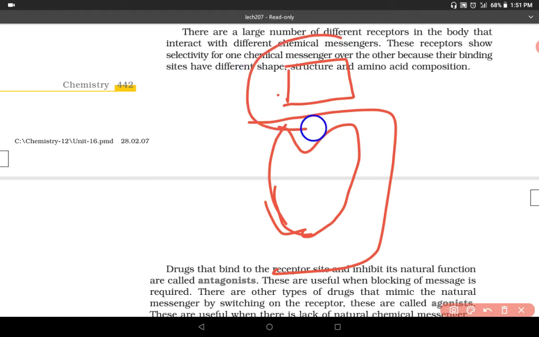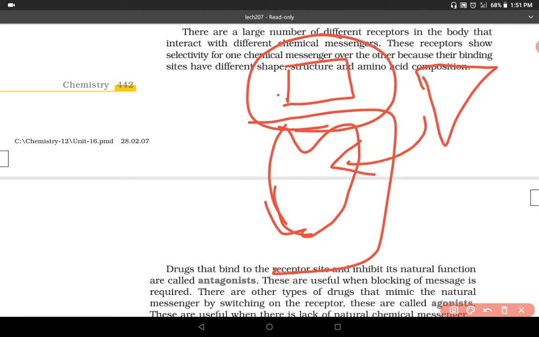No, the shape is changed, so only a certain amount of chemical messengers enter into these receptors. All chemical messengers do not enter into all the receptors present in our body.